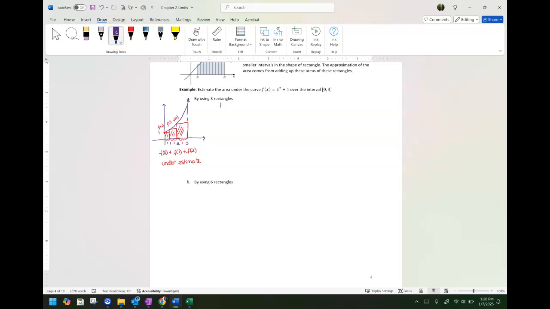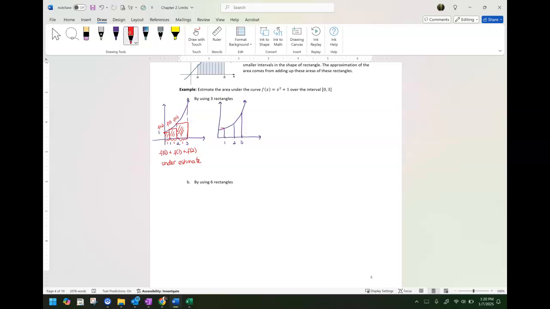Let's try this again using different rectangles. So here's the curve, same curve. And we still partition the area under the curve into 3 sections, 1, 2, and 3, using 3 rectangles. So let's say, what does the area look like if I draw the rectangles differently?